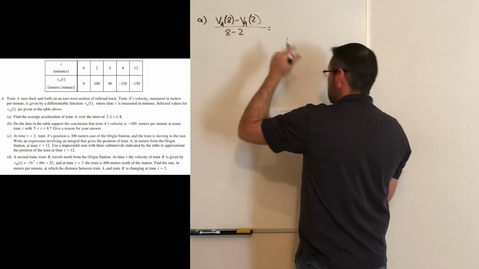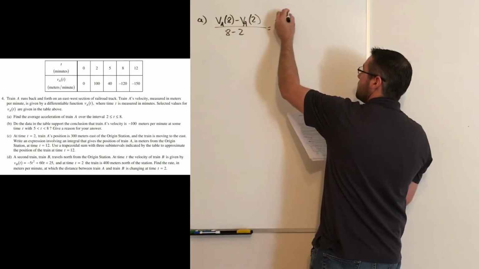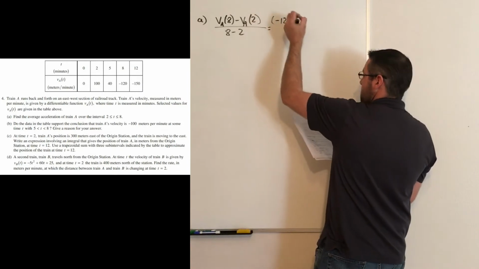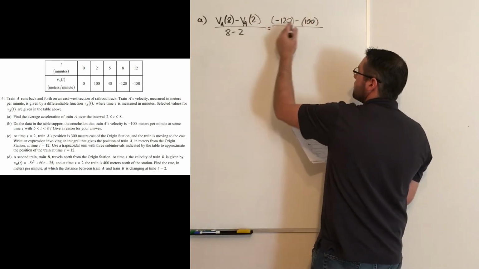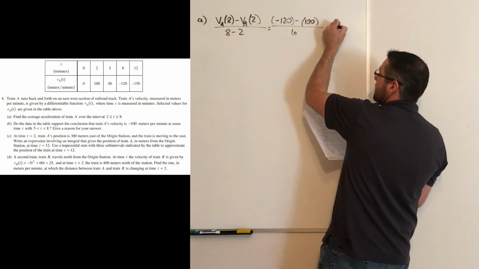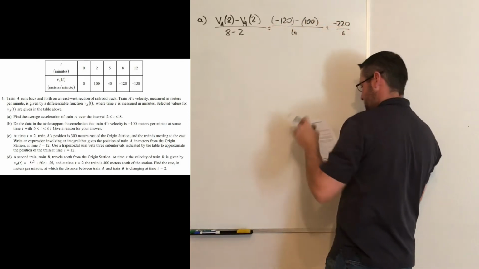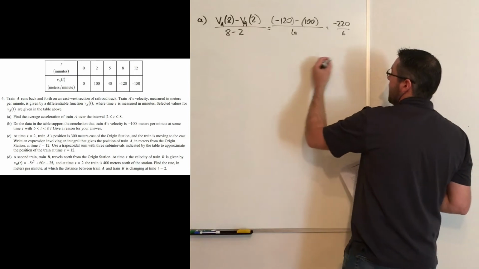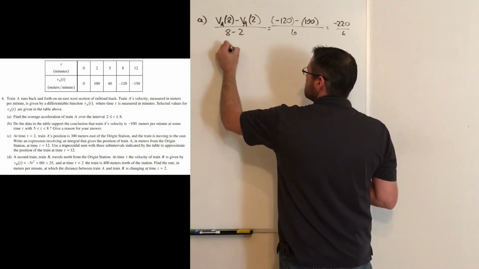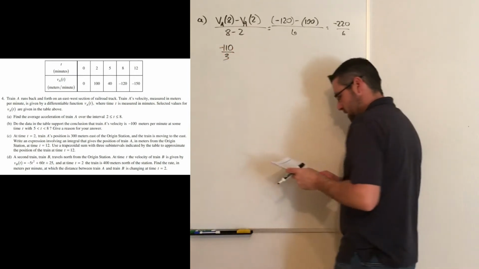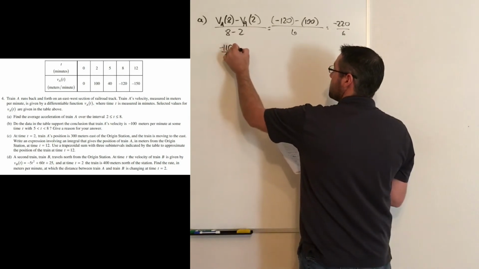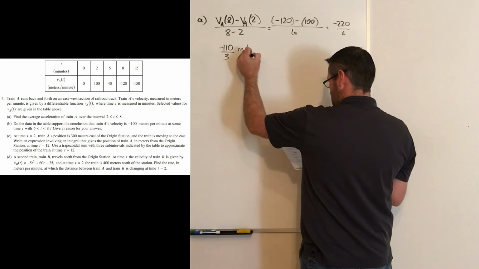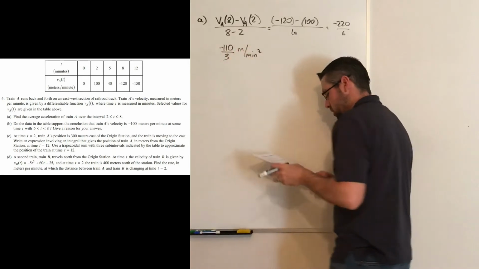And so that would be negative 120 minus 100 all over 6, which is negative 220 over 6. And then we can reduce that to negative 110 over 3. It doesn't say to indicate units of measure, but just for good practice, the units would be meters per minute squared. So that's part A.